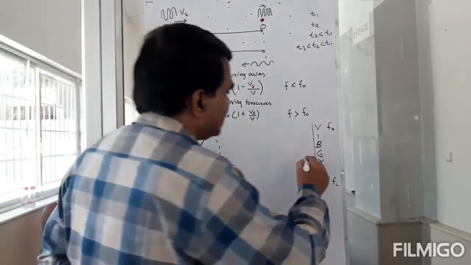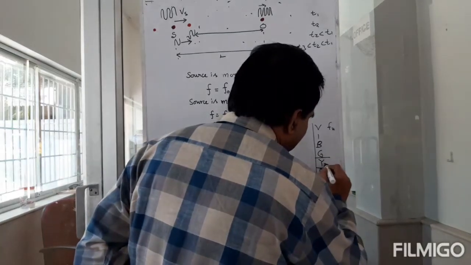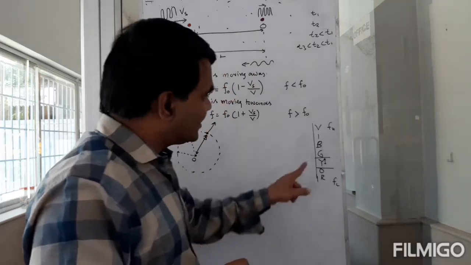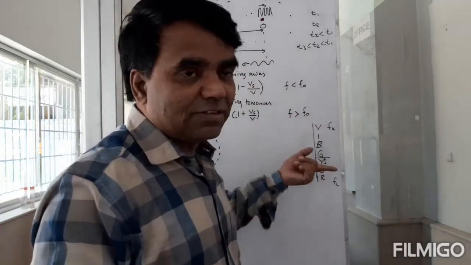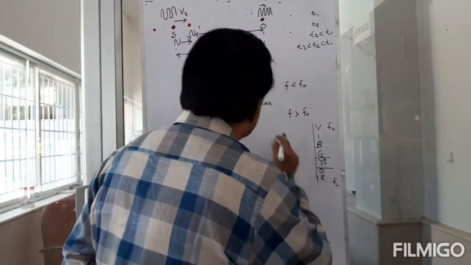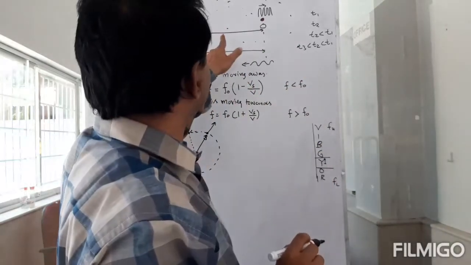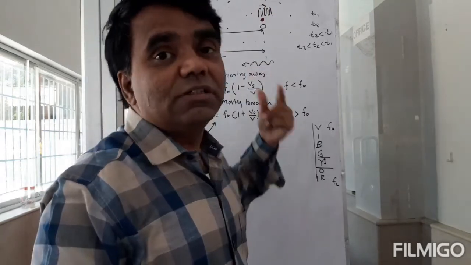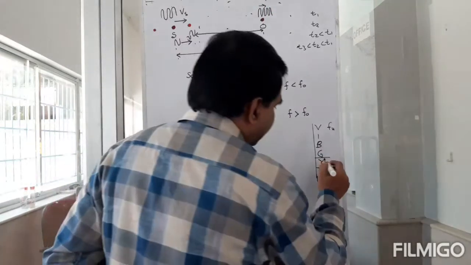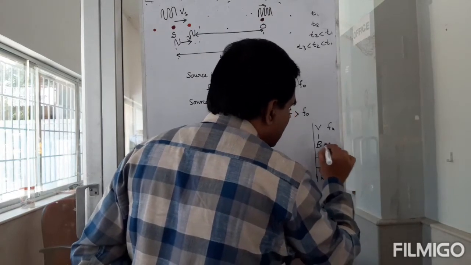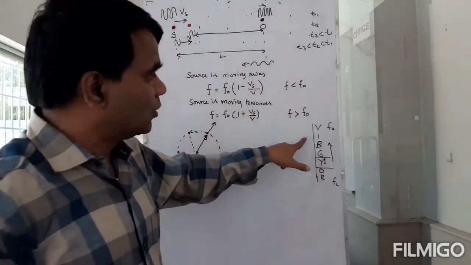So even within the yellow band, this frequency will look like this frequency. So there is a shift in frequency because the source is approaching you. As the source approaches, the frequency is going to increase, so the original frequency is getting shifted towards blue.